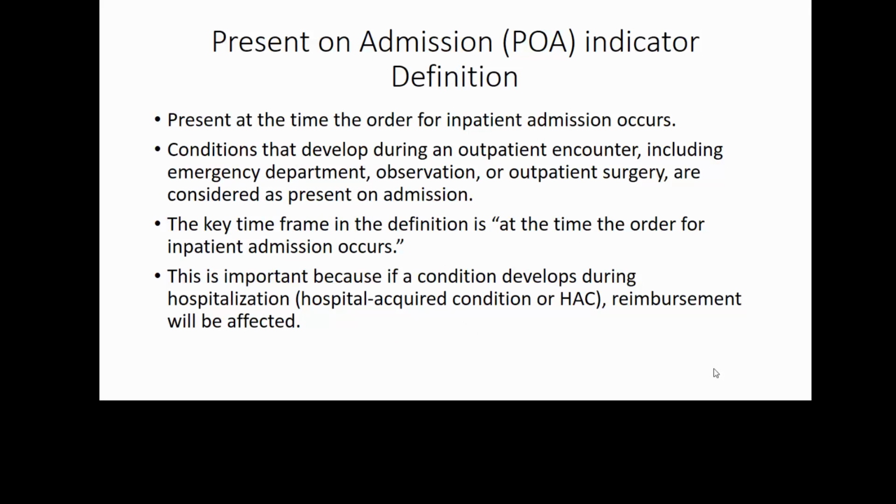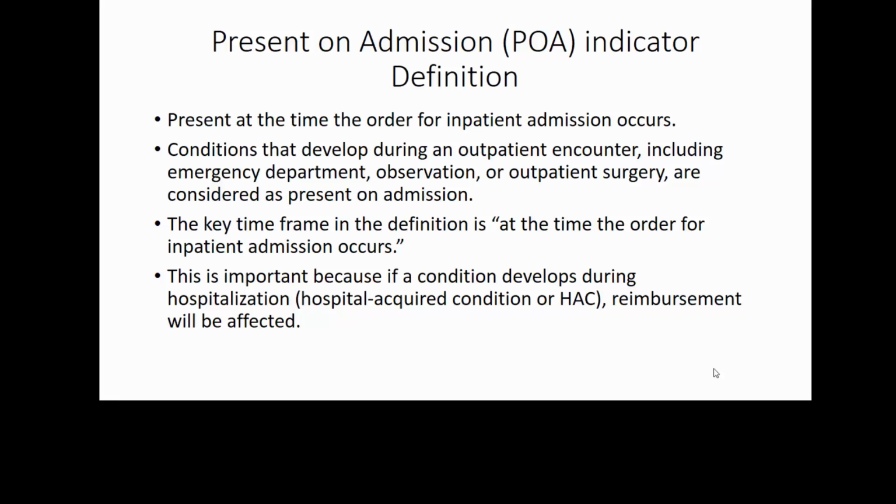Now let's talk about present on admission indicators and how they fit in to reimbursement. By definition, a POA indicates a condition that is present at the time the order for inpatient admission occurs. Any conditions that would develop during an outpatient encounter, including the emergency department, observation, or outpatient surgery, are considered present on admission when the patient comes into the hospital as an inpatient.